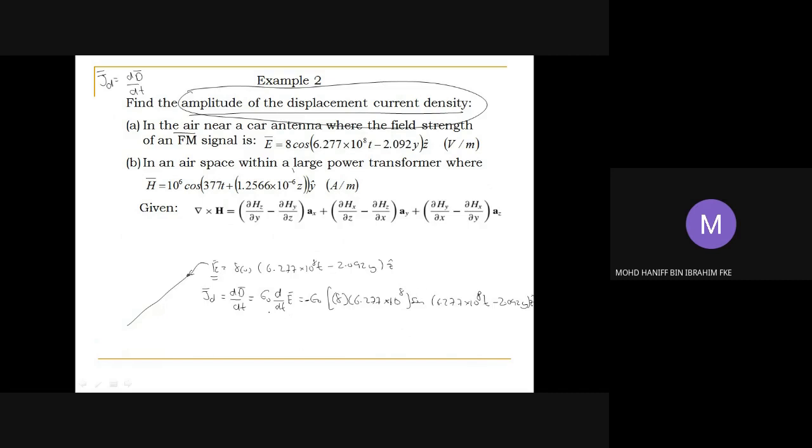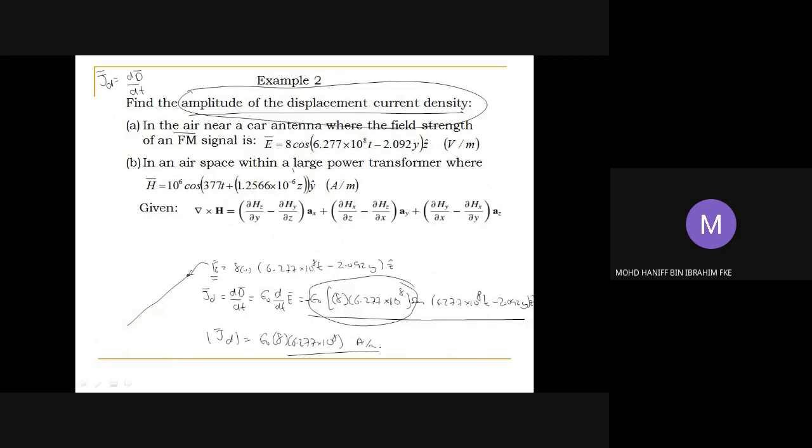Okay, your JD will be based on this equation, but since we just need to find the amplitude of it, the amplitude of the JD will be simply epsilon naught multiplied with 8 multiplied with 6.277 times 10 power 8 ampere per meter.